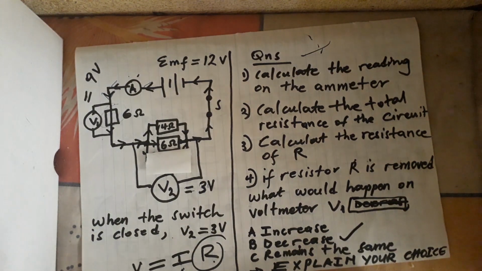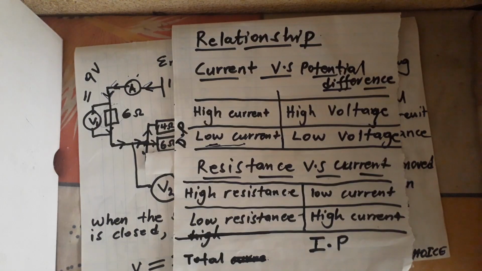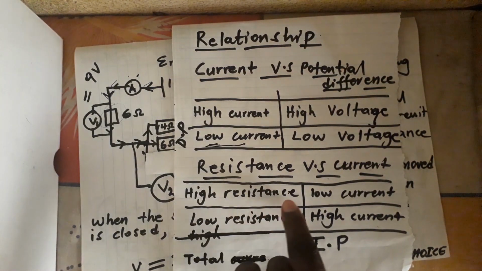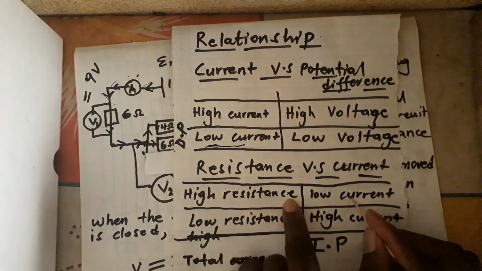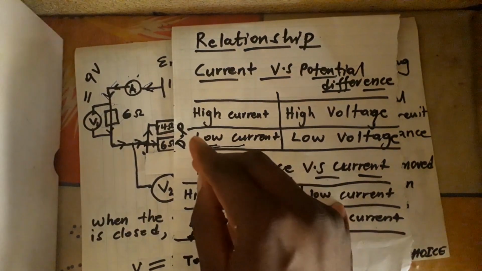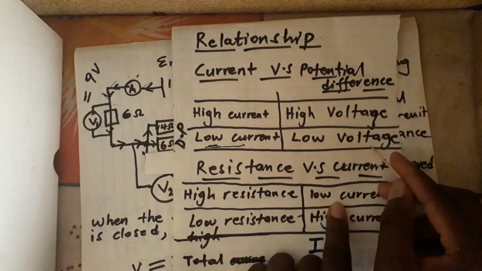And when we add in a parallel connection, we are decreasing the total resistance of the circuit. Now let's check on this relationship table. When there is high resistance, the current is going to be low. And when the current is low, the voltage will also be low.